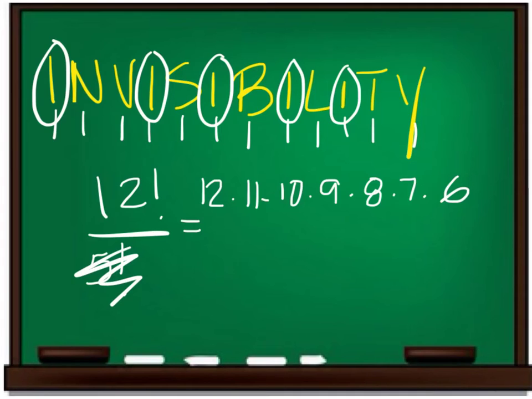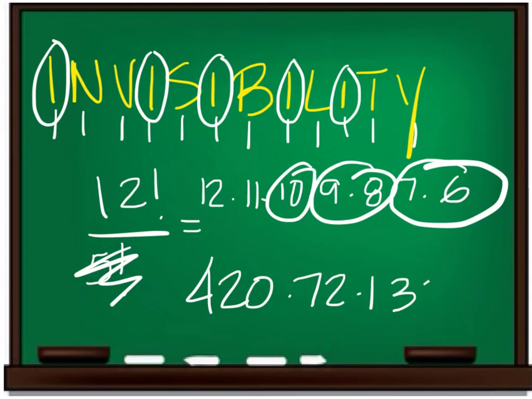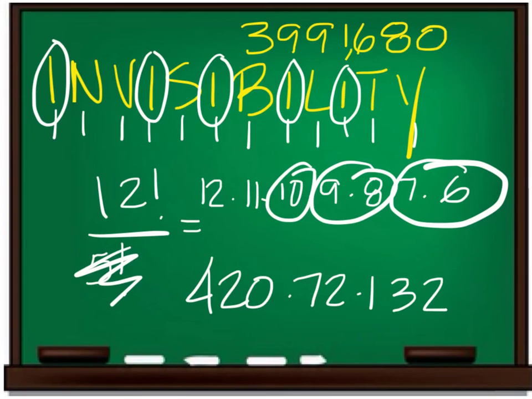And let's see, that's a 42, 40, or 420 now, and a 72, and then a 132. So 132 times 72 times 420 is this very large number, 3,991,680.